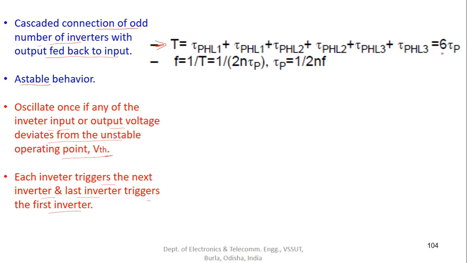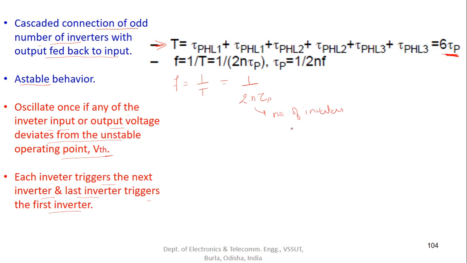That will be 6 tau p, and we can calculate the frequency by using the formula 1 by T, which we can generalize as 1 by 2n tau p, where n is the number of inverters.